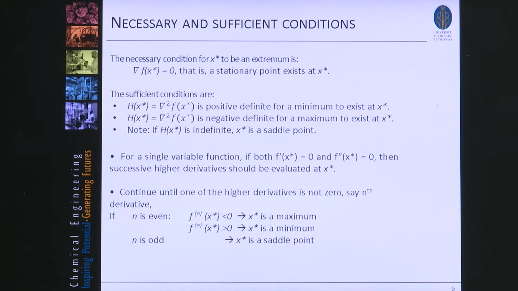The sufficient condition is the second derivative. If it is positive, we have a minimum, and if it is negative, we have a maximum. The same goes for the multivariable case with the Hessian matrix.